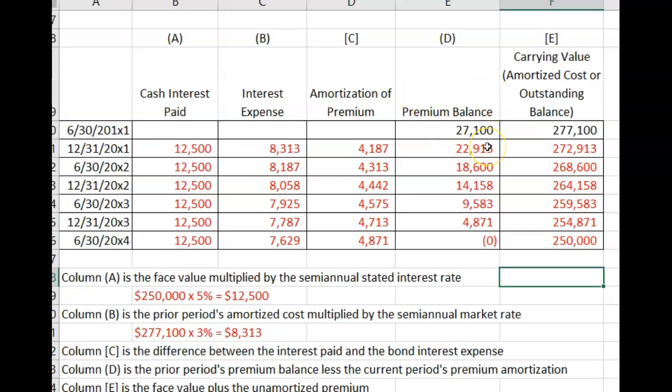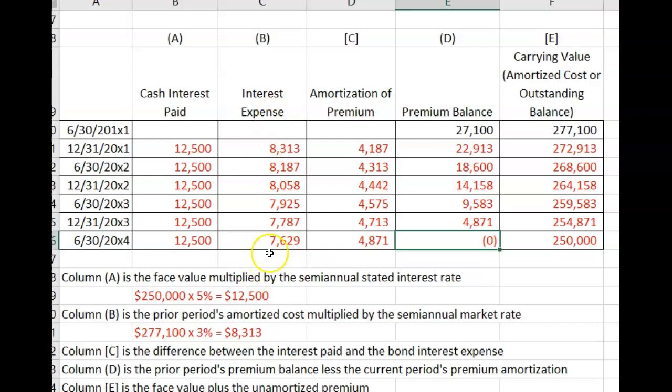And remember that the premium has a credit balance, because it's an additional liability account, and so does the bonds payable account. So you have to add the two together. Two credits add together. So $250,000 plus 22,913 equals 272,913. And when you carry that calculation down, you ended up with a $17 amount here in the premium balance, which has a credit balance, so you have to subtract that from the interest expense, because interest expense has a debit balance.